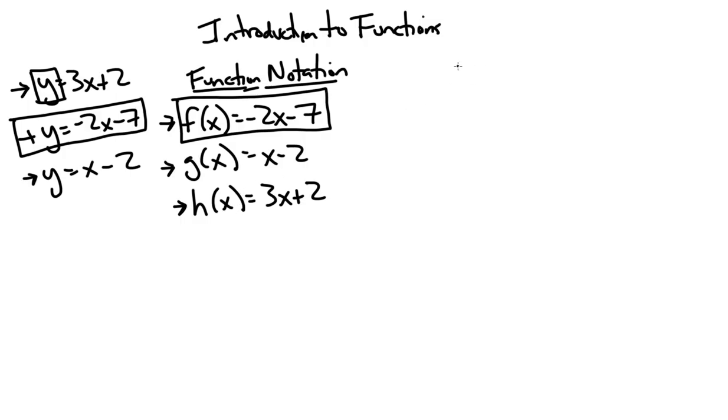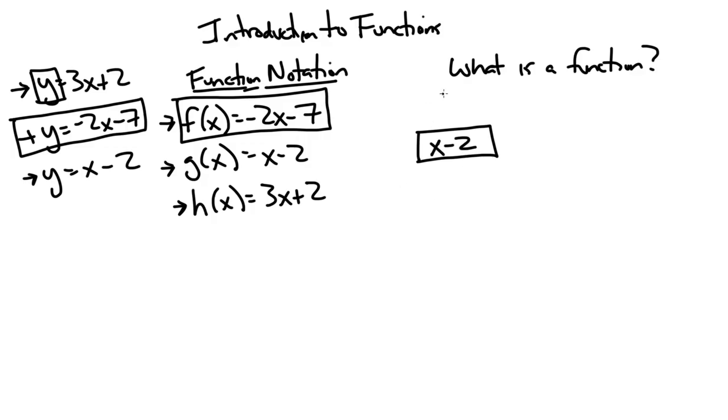Now let's talk about, well, what is a function? Okay. And a function is just a box. Okay, and what goes in the box is what the equation is. So we can do this one right here, x minus 2.